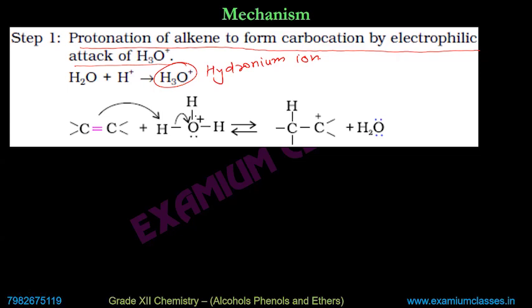To neutralize this positive charge, this bond breaks. When this bond breaks, this hydrogen gets detached as H plus, and this H plus gets attached to this carbon. There is heterolytic cleavage.